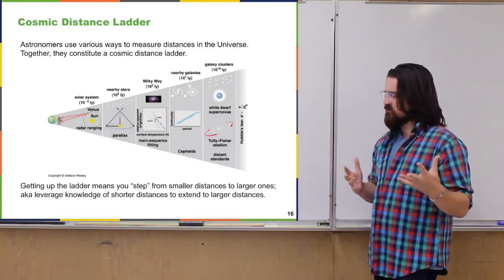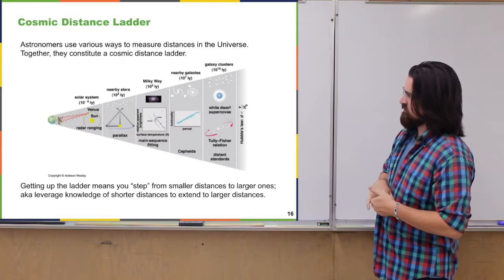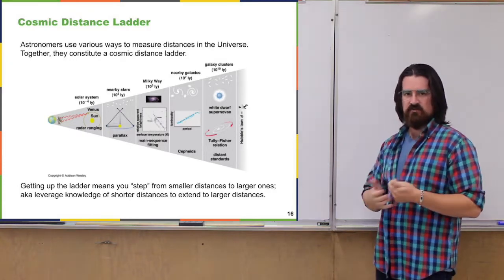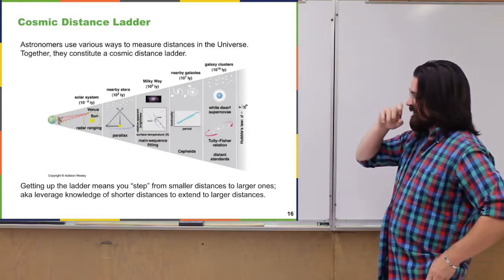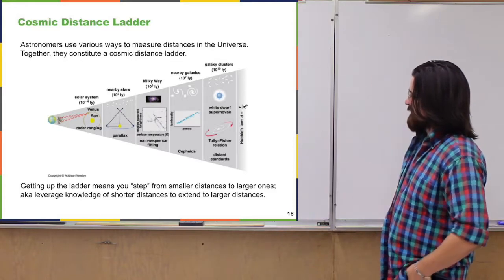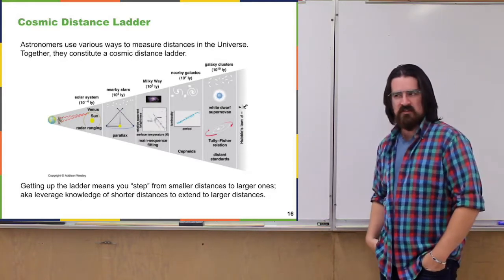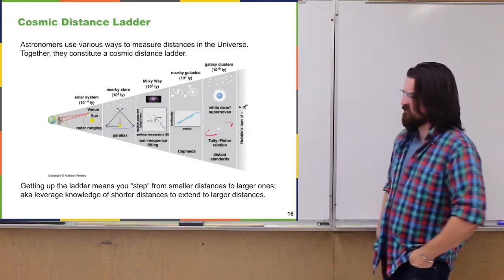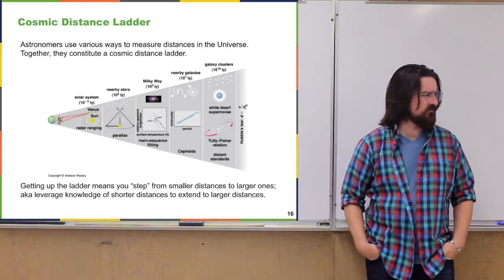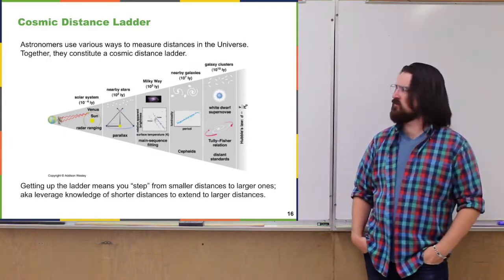If you want to get to nearby galaxies, that's where you use things like Cepheids and other pulsating variable stars. If you want to get even further, that is beyond what we've talked about in this lecture. We might talk about them later when we talk about the very large scale structure of the universe.